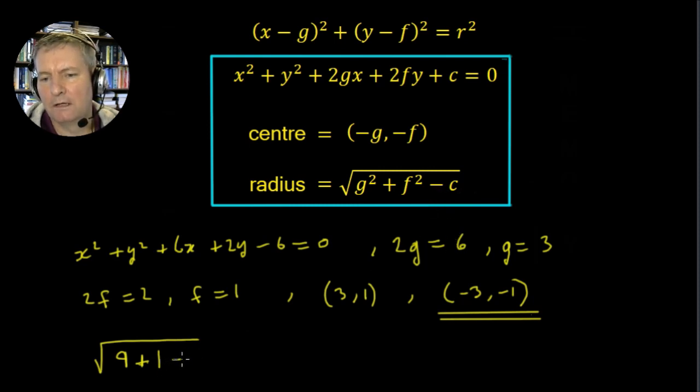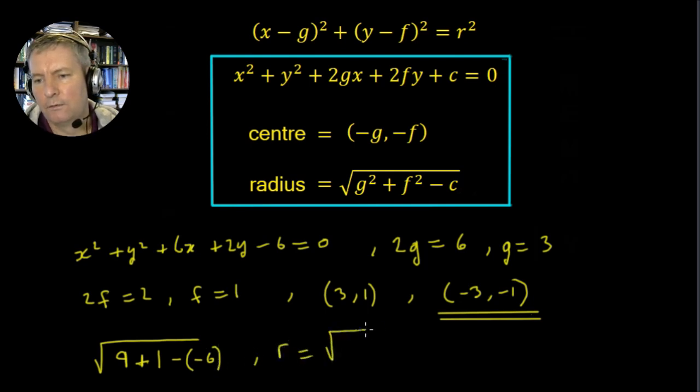Now what is the value of c? Well, c is just the constant term, which is minus 6, so it's minus minus 6. So the radius is equal to the root of 9 plus 1 is 10, plus the 6, which is 16. So the radius is equal to 4.